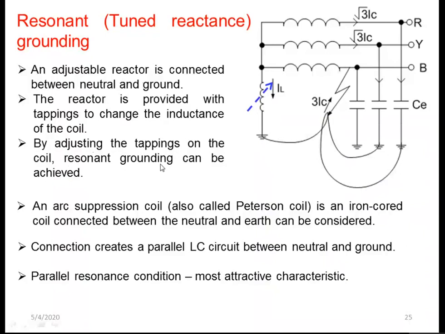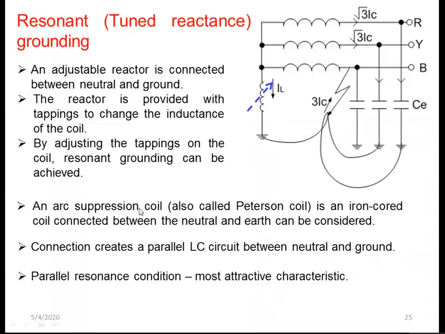We will discuss this resonant grounding later on. This method of grounding is also sometimes referred to as arc suppression coil. Why we use this word, we will discuss later in the phasor diagram. And this is also called the Peterson coil.